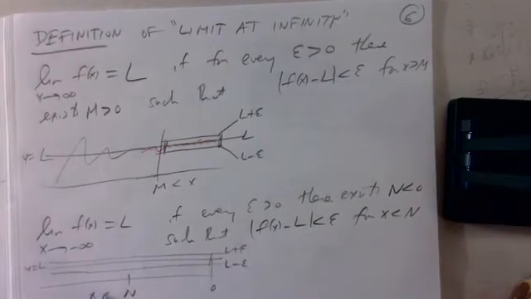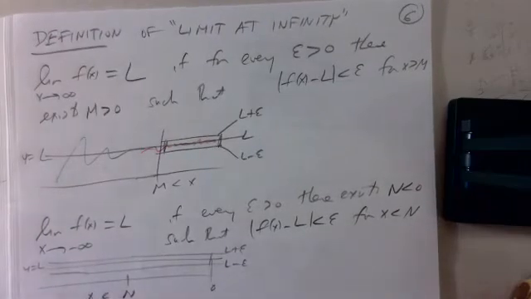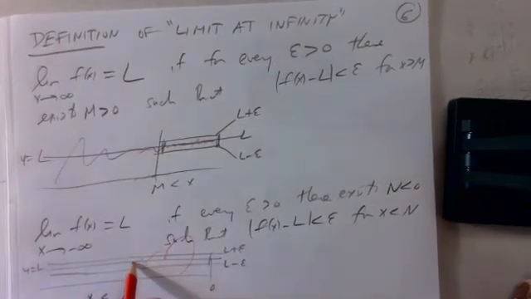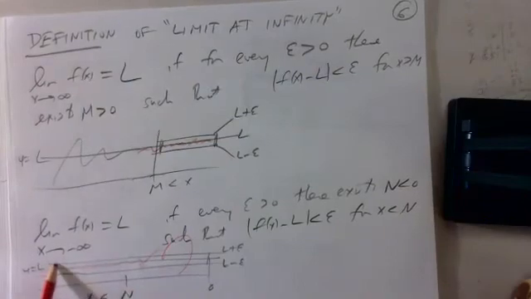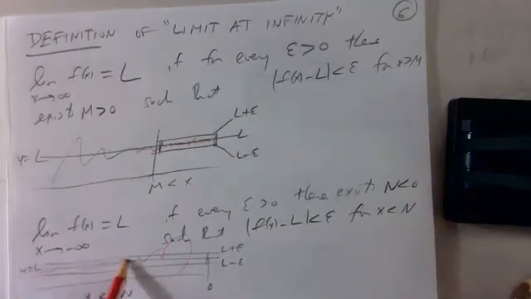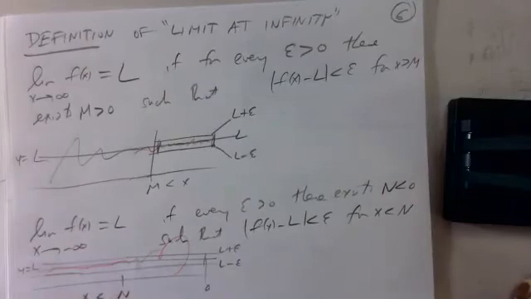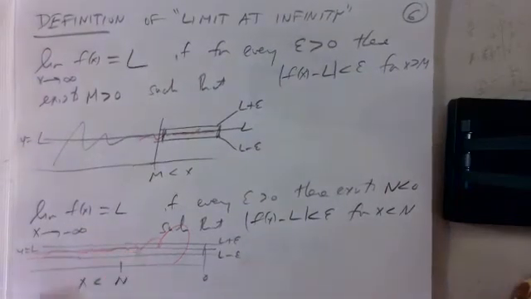Here's n, and for all x less than n, the graph of this function, whatever it looks like over there, is squeezed between L plus epsilon and L minus epsilon. So this is just a formal way of writing down your intuition about what it means to have a limit as you go to infinity.